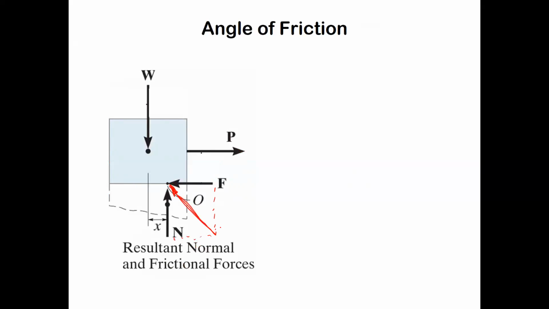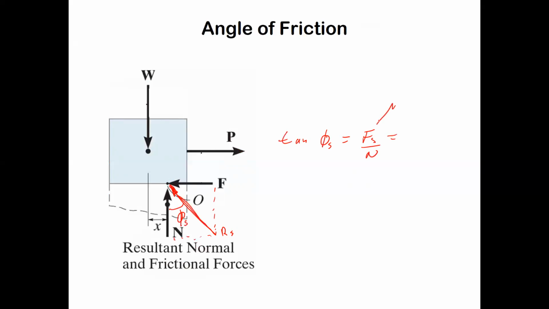The resultant force, R sub S, is the combination of these two forces together, the net force acting at that point O. And that force has an angle phi sub S to the vertical normal force.